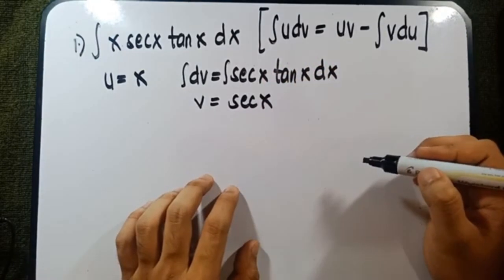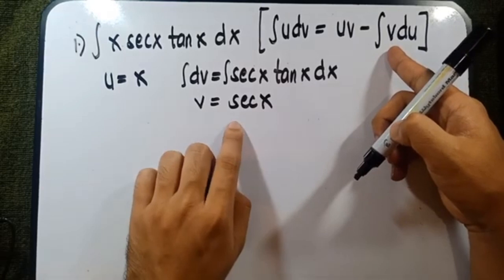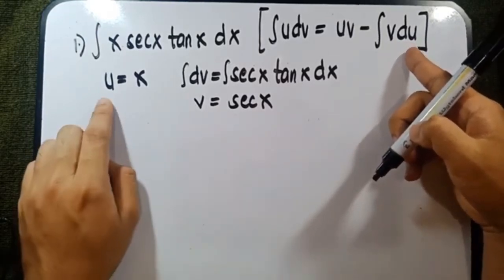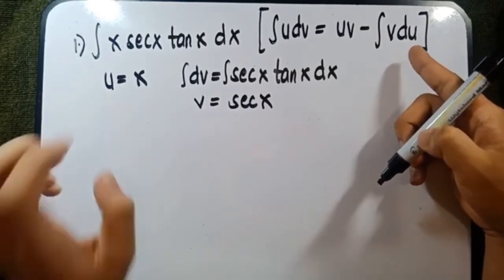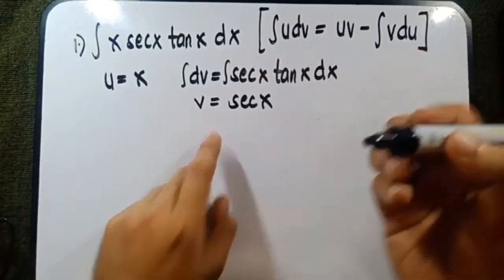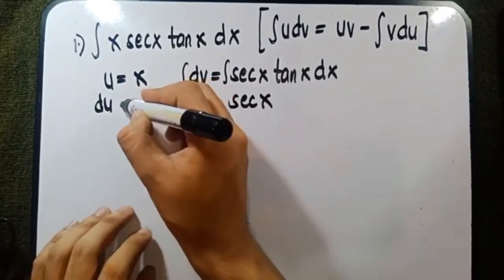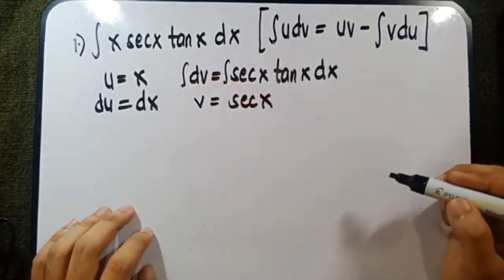Okay? Tapos, kailangan natin ng du. So, saan natin kukuhanin yun? I-differentiate naman natin tong kabilang side. By parts nga, no? So, yung part ng u, part ng dv. Okay? So, by differentiation, that is du equals dx. Okay?